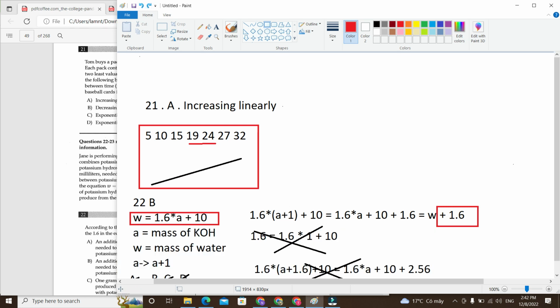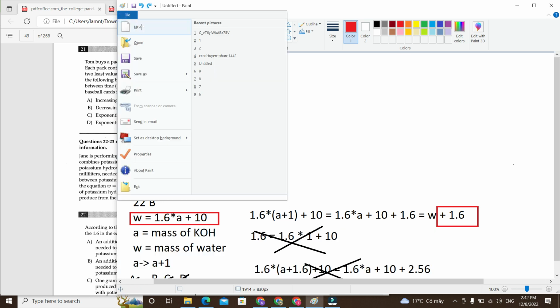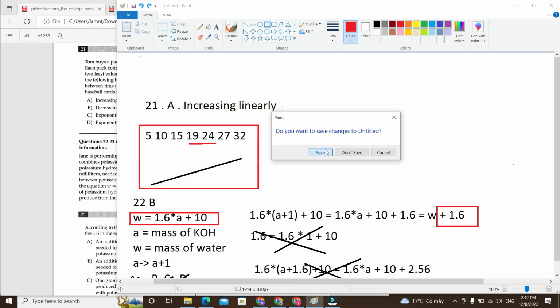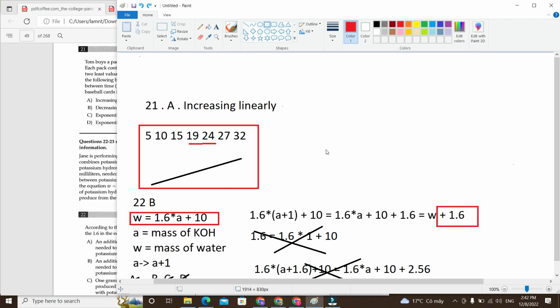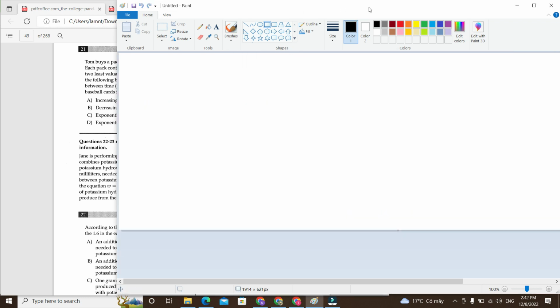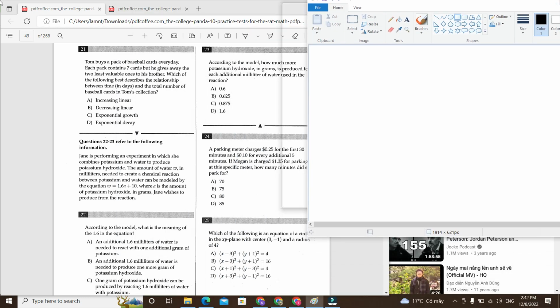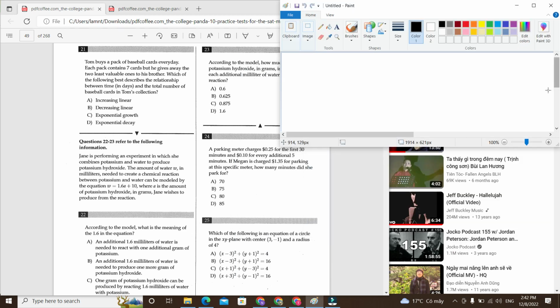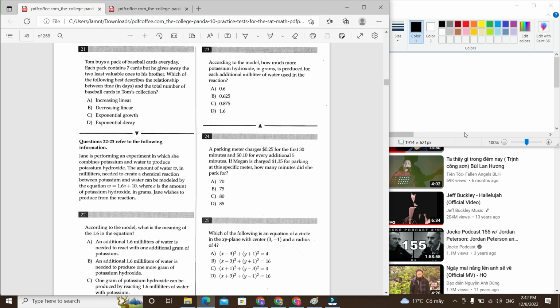I'm gonna just open the new one. Okay, new, save, let's go on. How much more potassium hydroxide in grams is produced for each additional milliliter of water?